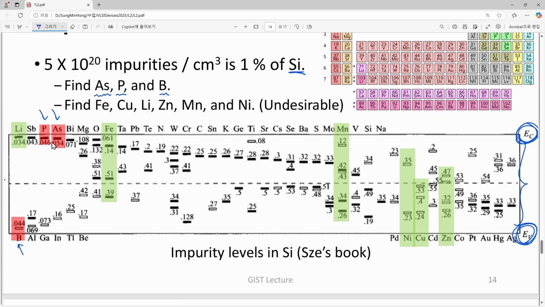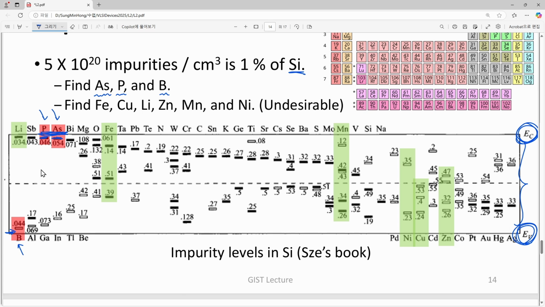In this case, phosphorus and arsenic introduce additional states quite close to the conduction band minimum. And boron atoms introduce an additional energy level quite close to the valence band maximum.